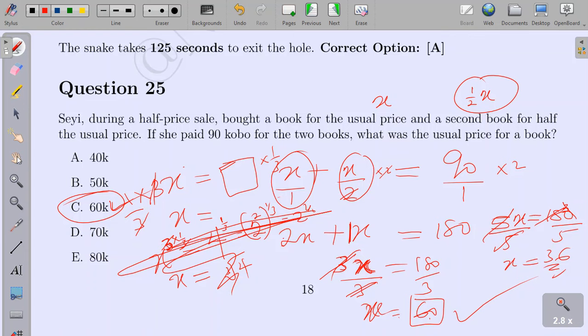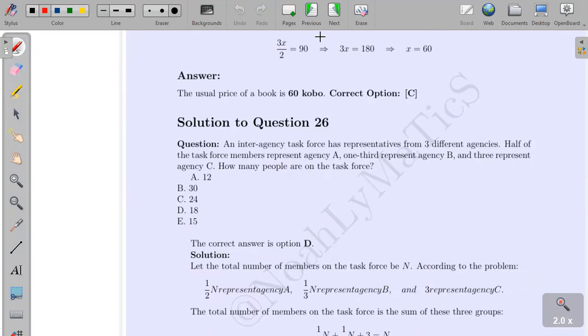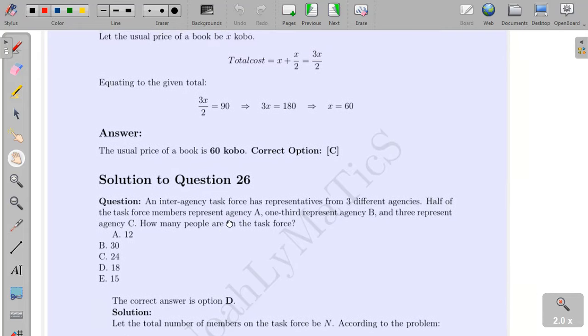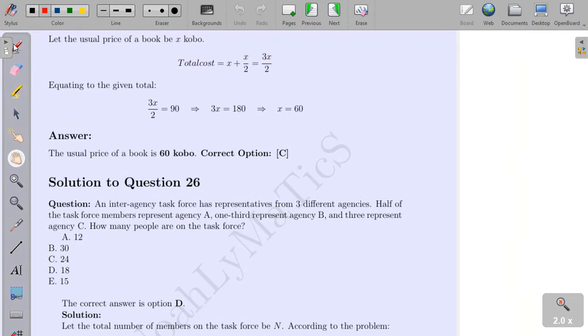So now the last question. For question number 26, this one says, an interagency task force has representatives from 3 different agencies.